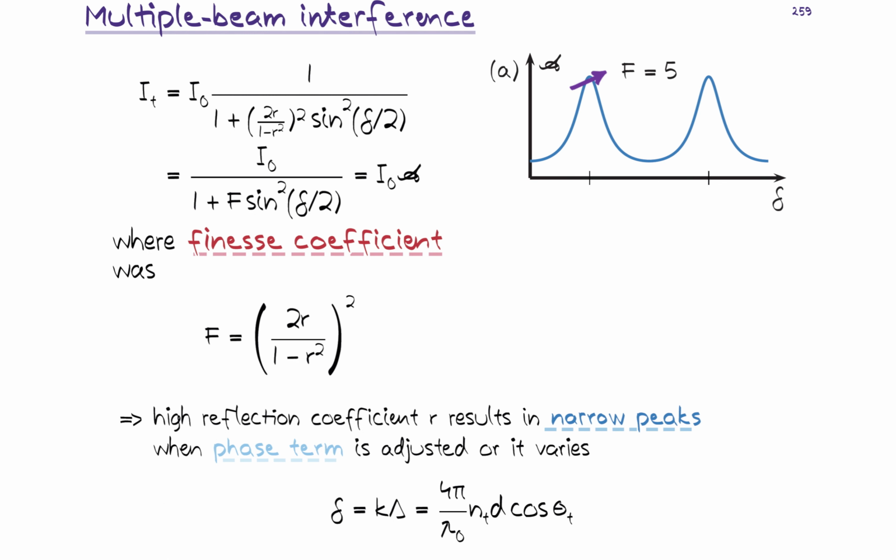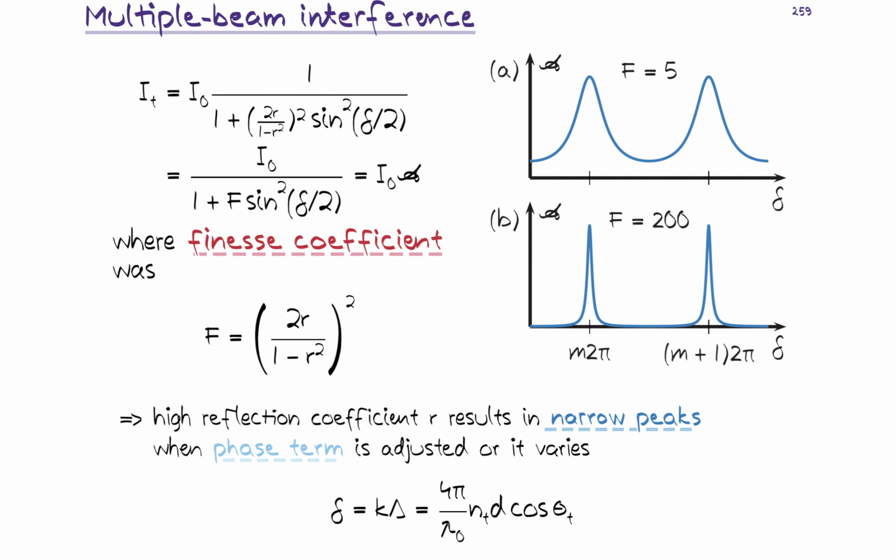And if the finesse coefficient of our thin film structure is low, then we have quite broad resonances, quite broad peaks in the irradiance distribution that we are measuring. And now if we increase the finesse coefficient, so increase the reflectivities of the thin film structure, we are actually narrowing down the peaks very much.